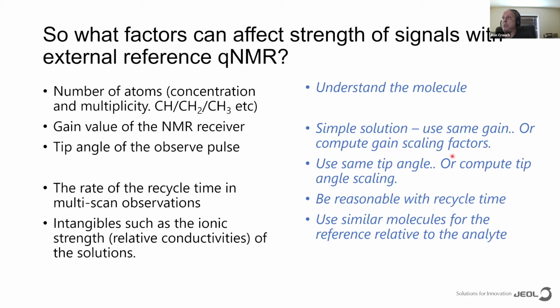Very simple solution, use the same gain when you're comparing spectra, but gain scaling comparisons are very straightforward to do. It's just a log function. Use the same tip angle. You could also compute tip scaling. It's a sine function. Be very reasonable with recycle time. And if you're using external reference to another material, make sure you're comparing apples and apples. So don't be comparing a 400 millimolar salt solution with something in chloroform. It's not going to end well.